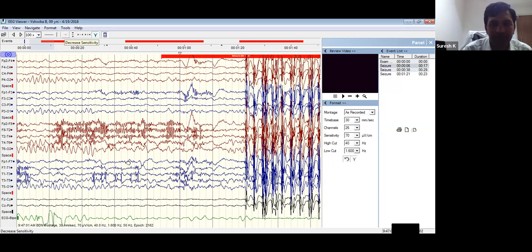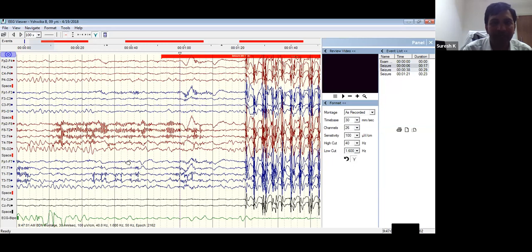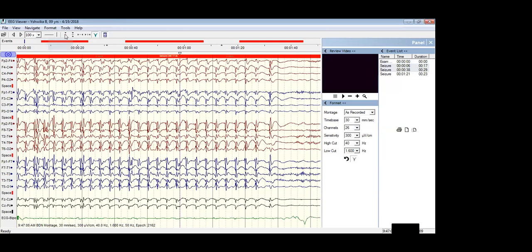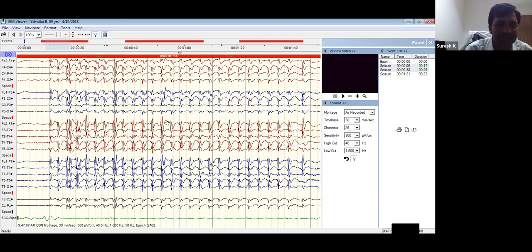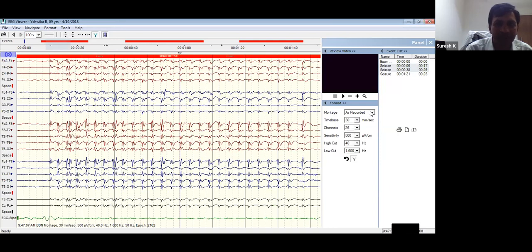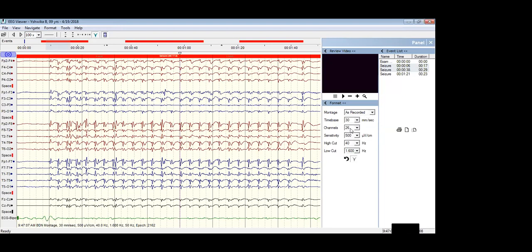A little bit more to 150. A little bit more reduction? Yes, sir. Any other change you want? Okay, here we can see.